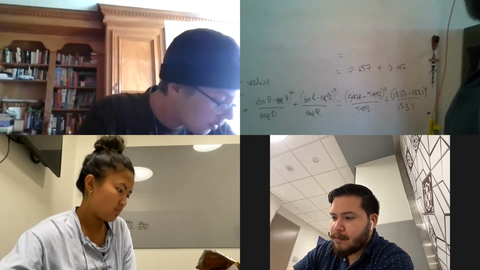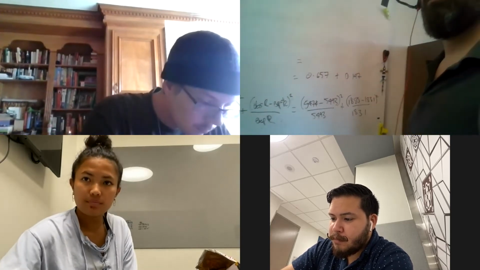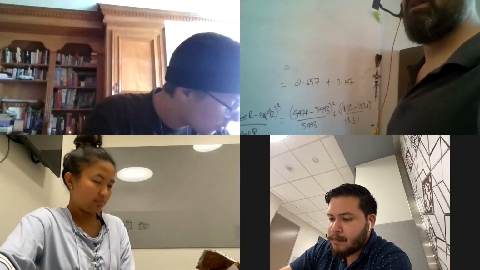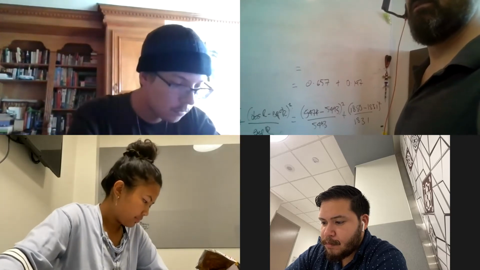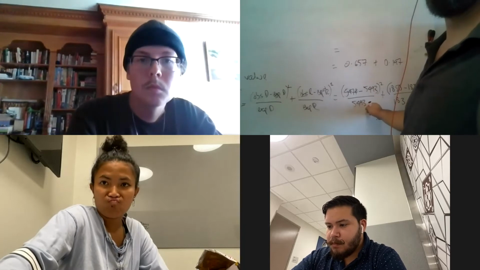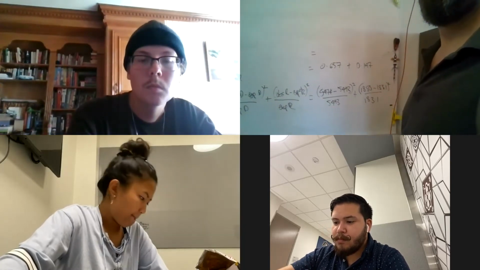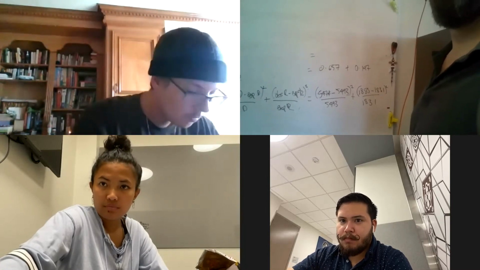I'm sure you can do it quicker than I can. Oh, where do you get 0.26 from, Adriana? Not sure. Go back and do these. Okay, give it a go.